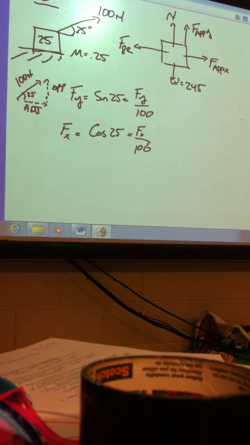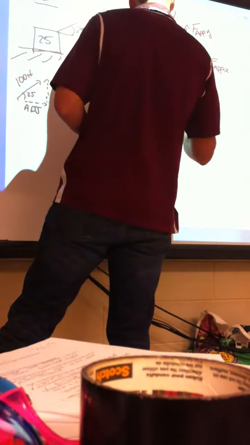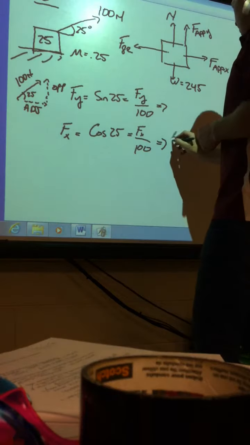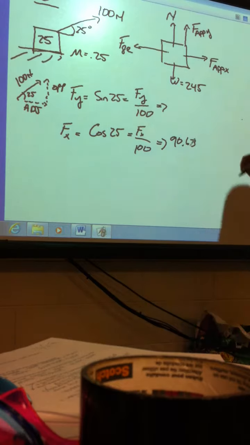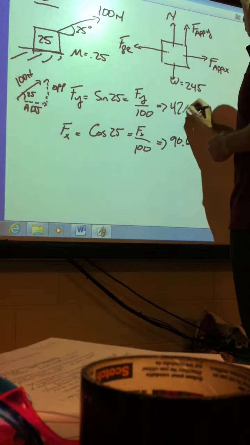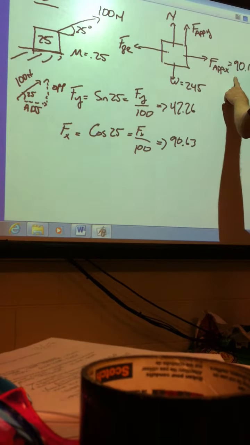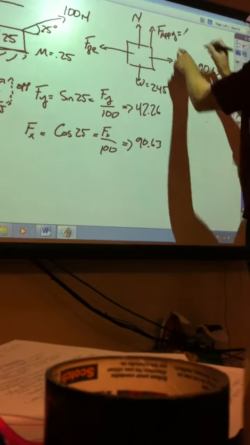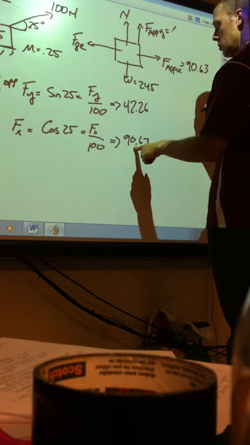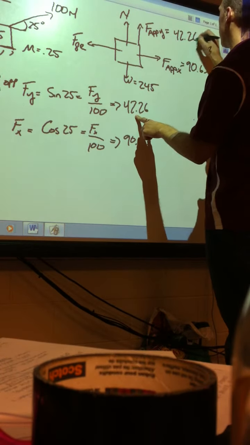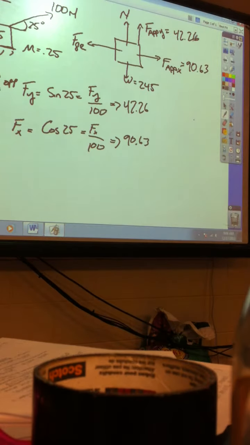Okay? Somebody calculate those out real fast. Fx is 90.63. And Fy is 42.26. So we can put those up here.